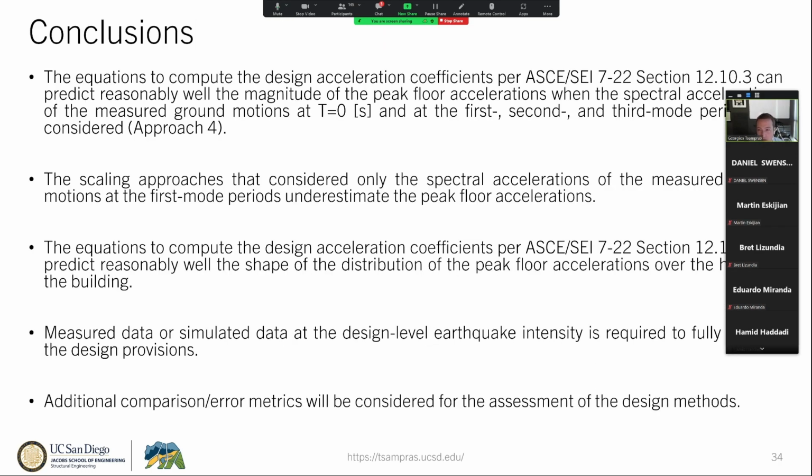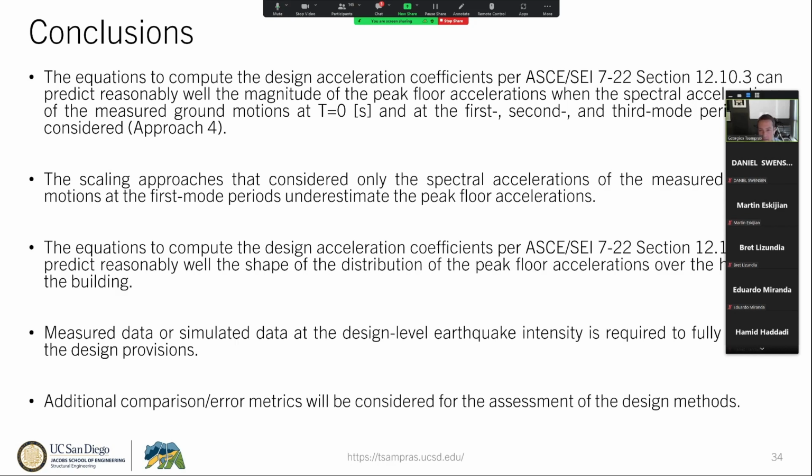So with that, I would like to conclude and say that the equations that we use to compute the design acceleration coefficients per ASCE 7 according to section 12.10.3 can predict reasonably well the magnitude of peak floor accelerations, assuming that we are using our 4th approach, which is essentially integrating information from the ground motion that we recorded at the first, second, and third mode response.